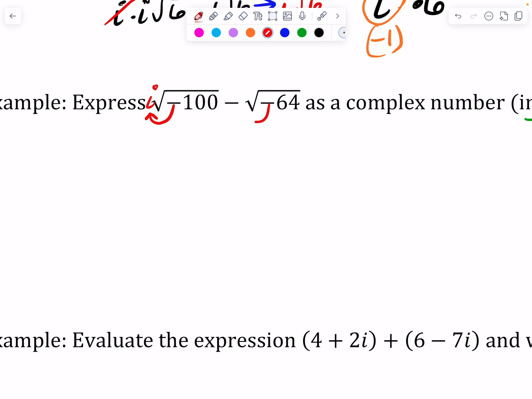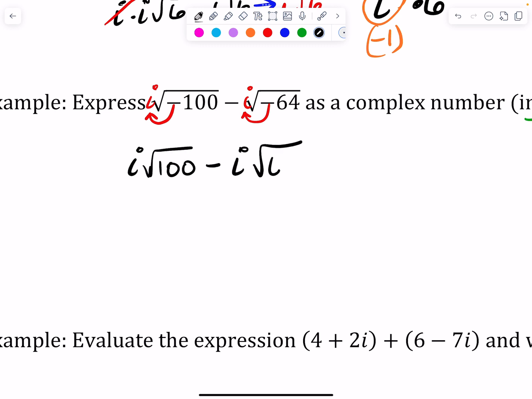We're going to take out this negative. It's going to become an i. So we have i square root of 100 minus i square root of 64. And now we have perfect squares. We've got the square root of 100, which is just 10.